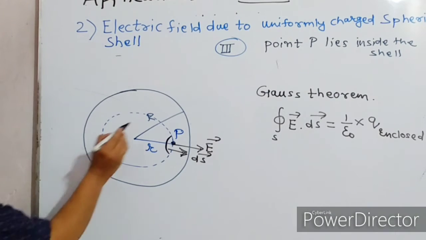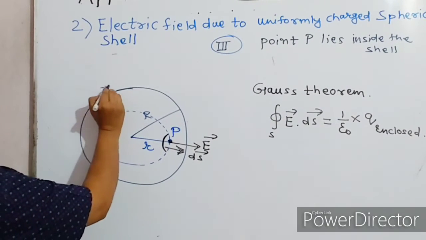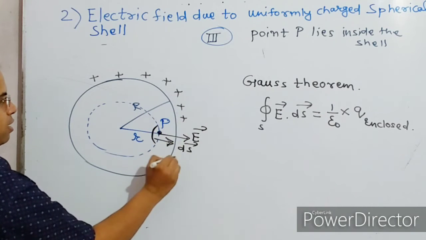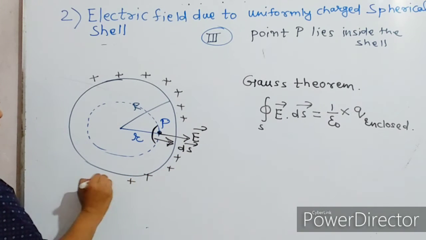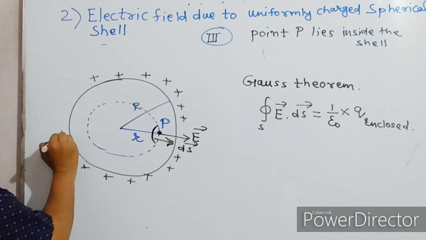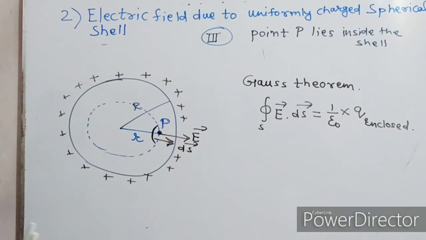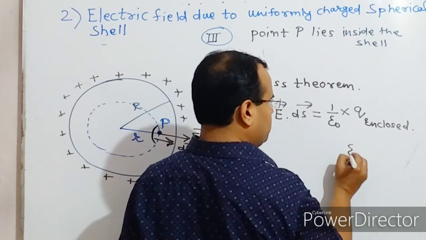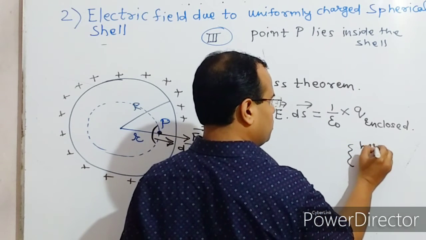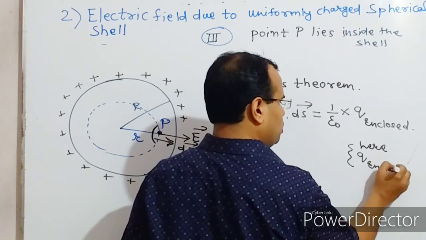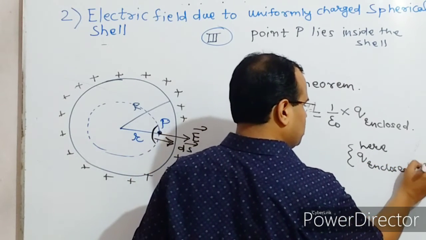Why? Because the Gaussian surface is this, and charge is lying over the shell. When charge is lying over the shell, you notice that no charge is there inside the shell, and that's why Q enclosed is 0.